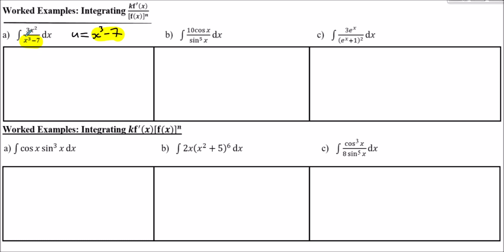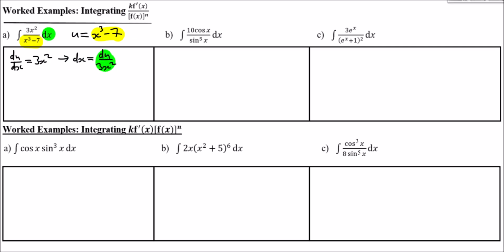This is going to become, in a moment, something different which will cancel and work much nicer. First of all, we need to work out du by dx. So differentiate u with respect to x gives 3x squared. Therefore, rearranging in terms of dx, dx will just be du divided by 3x squared. So we're ready to transform.